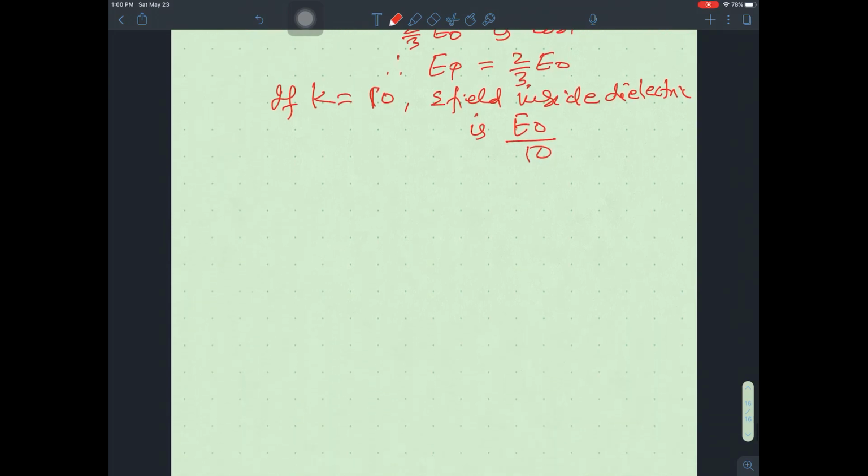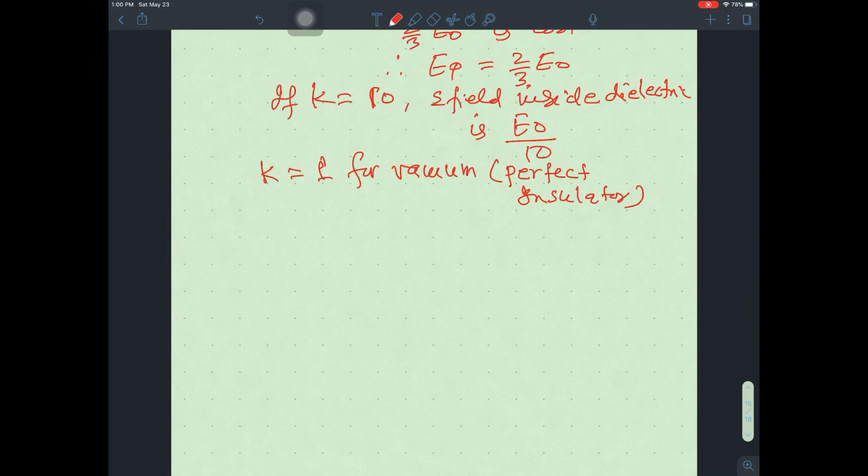K is equal to 1 for vacuum, and vacuum is treated as a perfect insulator. So you should understand that K is 1 for vacuum or for the insulator, and K is equal to infinity for a conductor.